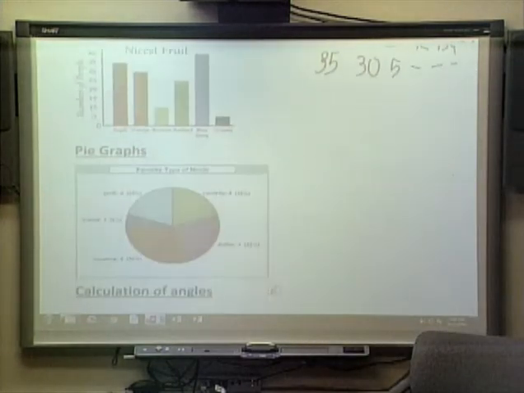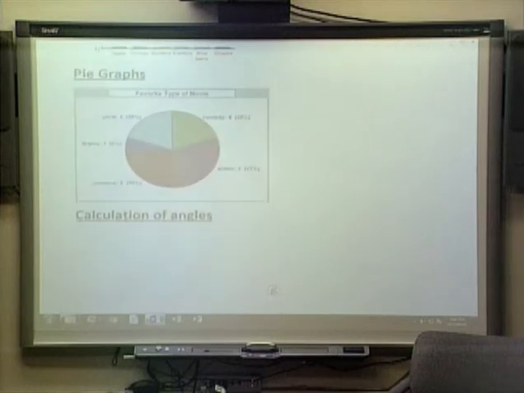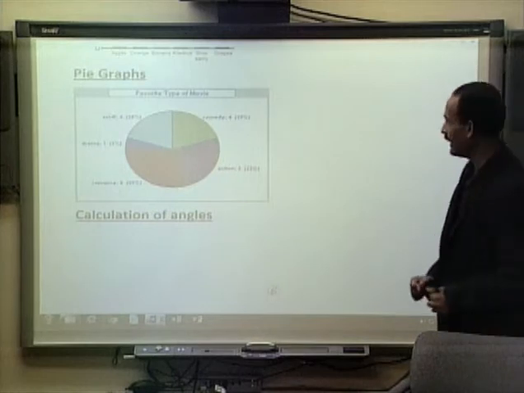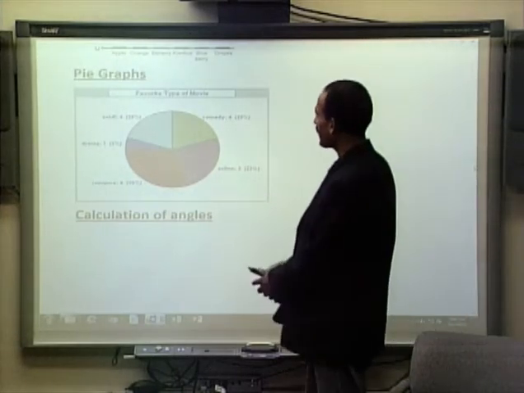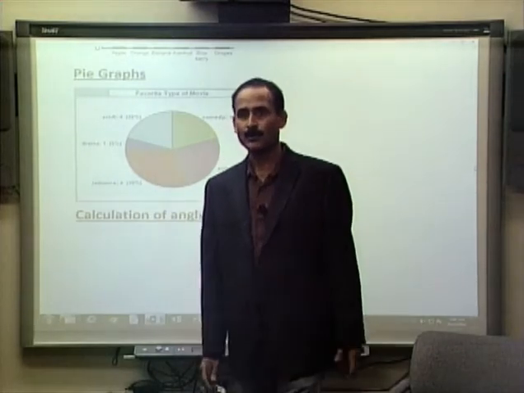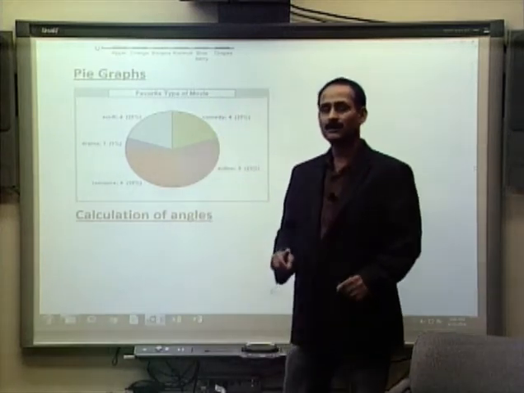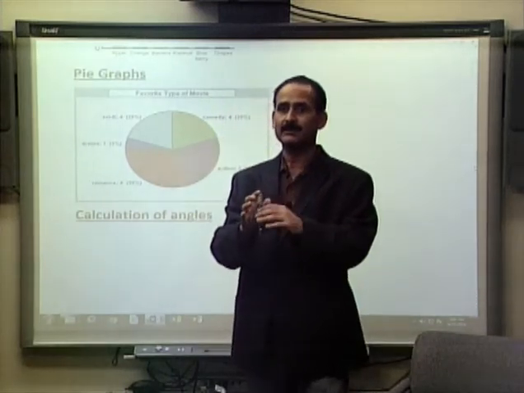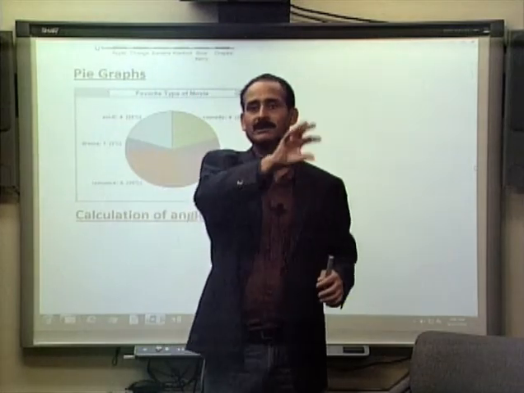Another graph that we use to represent data is called a pie graph. In a pie graph, we draw a circle and divide the circle proportionately, representing the number of people in each type.